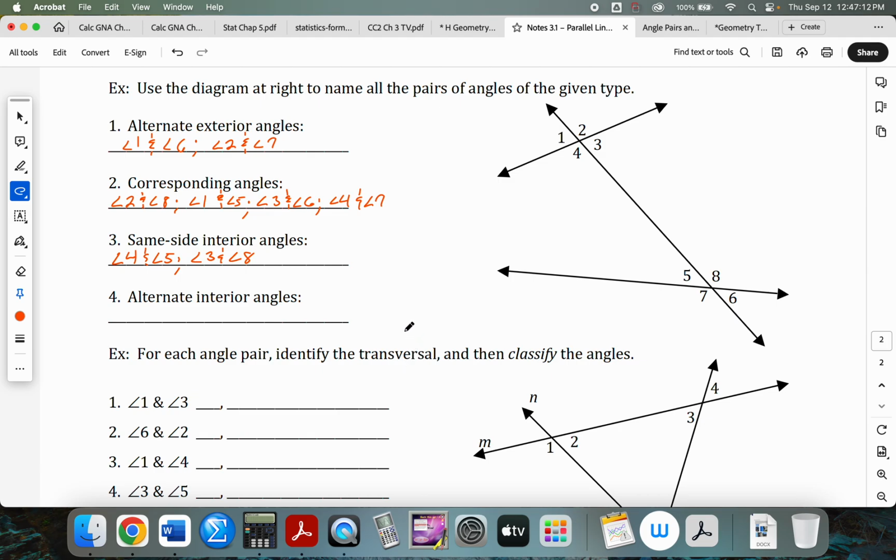And then last but not least, alternate interior angles, which actually when we get down to doing problems beyond this unit, we see alternate interior angles probably more than anything else. Yes, ma'am. 3 and 5. Yes, angle 3 and angle 5. Yes, Grace. 4 and 8. Yep, angle 4 and angle 8.